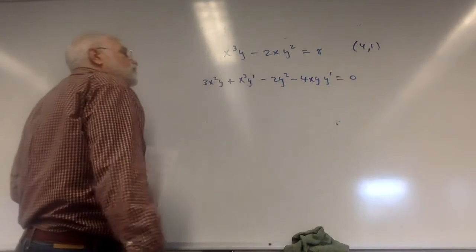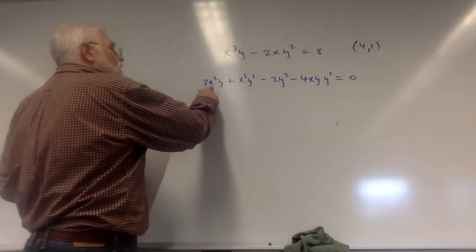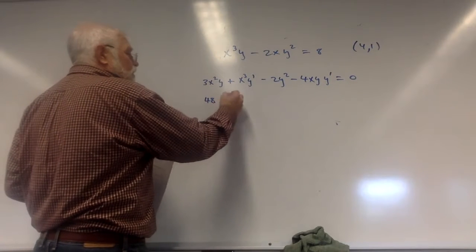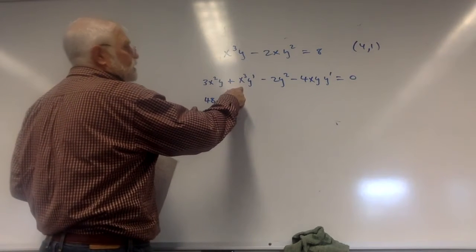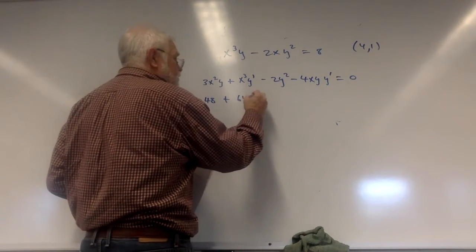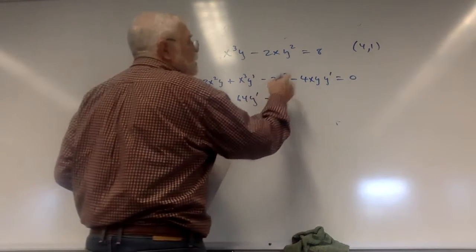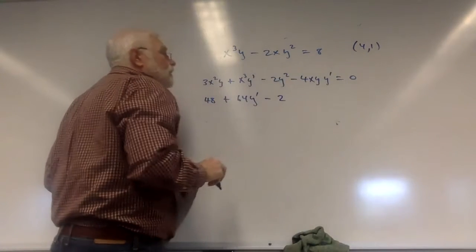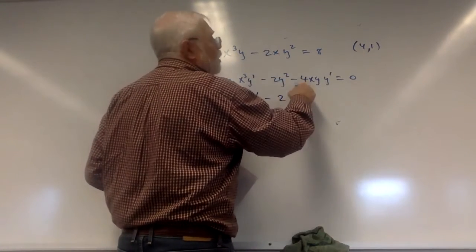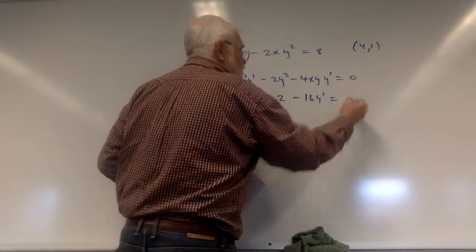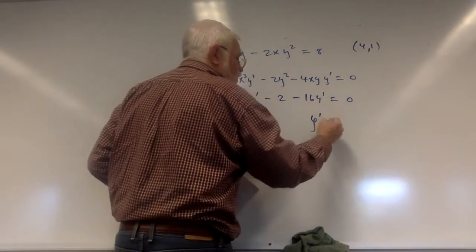I'm going to substitute 4 and 1 in immediately. 16 times 3 is 48, times 1 is 48, plus 64 times y, 64y prime, minus 2, substituting 1 for y, minus 4 times 4, 16 y prime equals 0. So I can find y prime now pretty quickly.